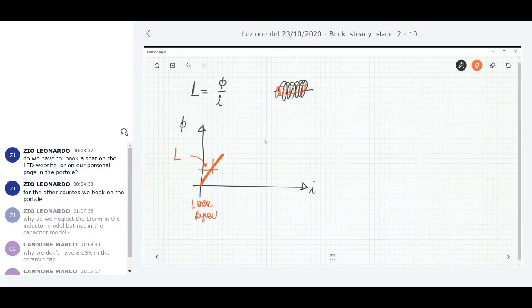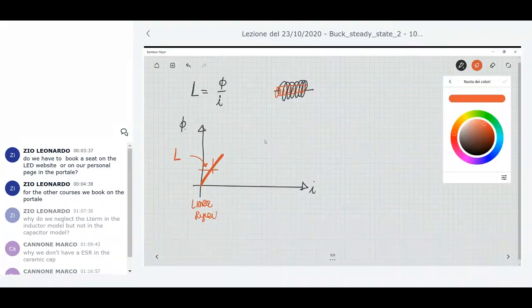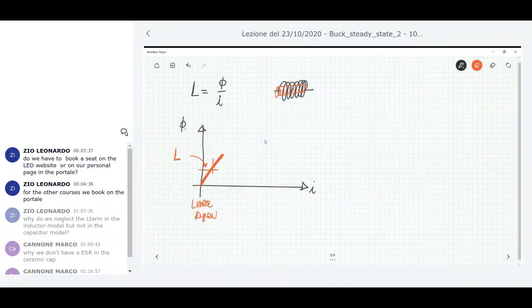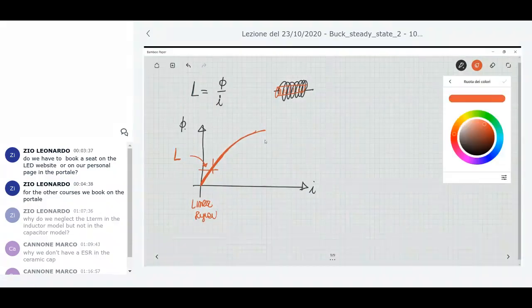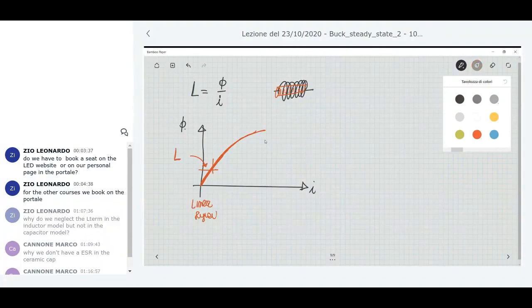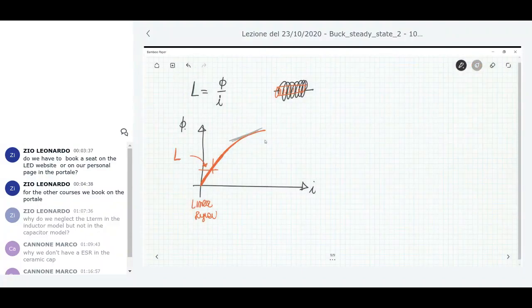If you increase the current, eventually you come to a point where the slope is no longer constant. It saturates like this, for example. If you look at the slope here and compare it to the slope in the linear region, you can say that the slope here is lower. So here, the inductance L prime is lower than the inductance in the linear region.